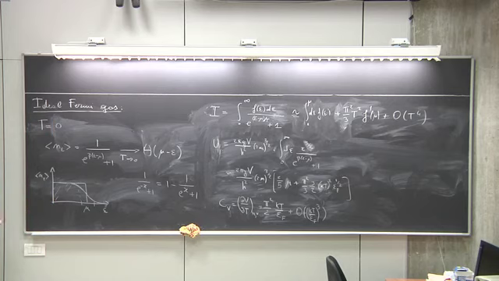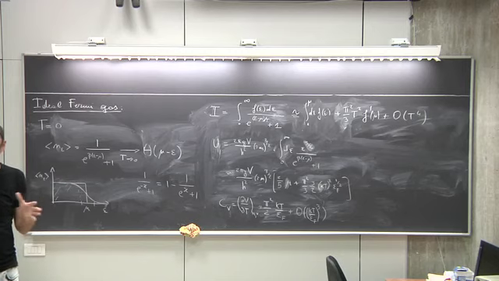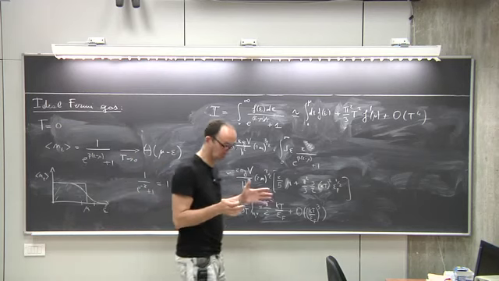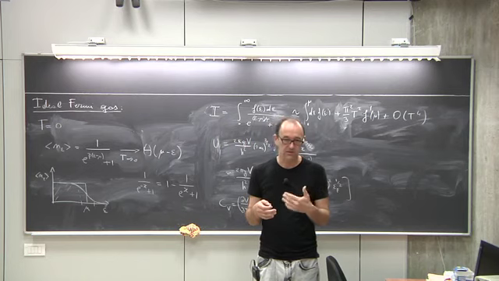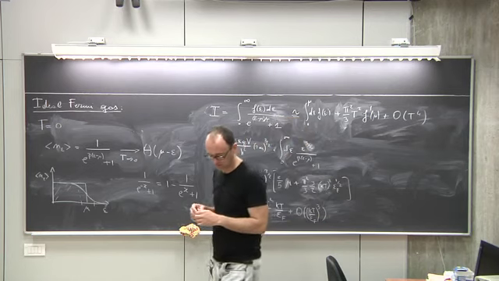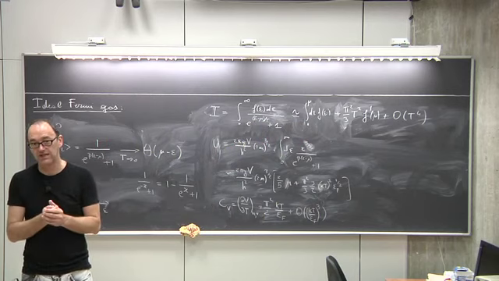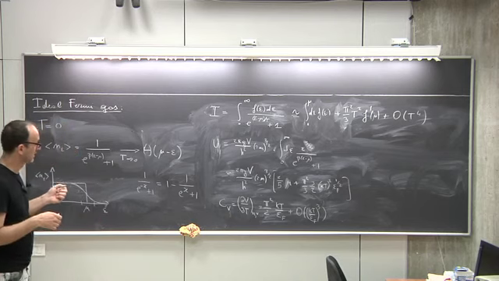Okay, so in solids, in particular in metals, you can think that solids are composed of atoms in a regular lattice, and then there are some electrons in the conduction band, which can be treated as a gas of electrons.